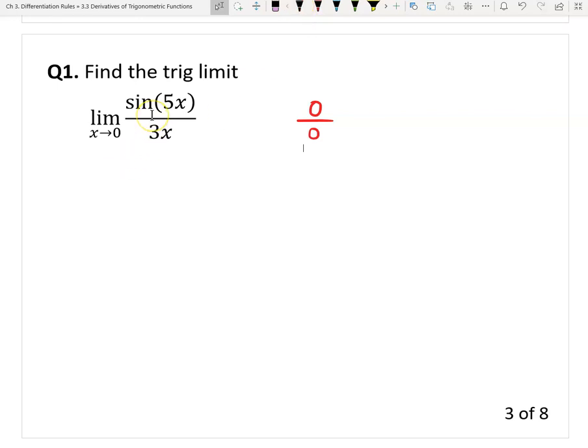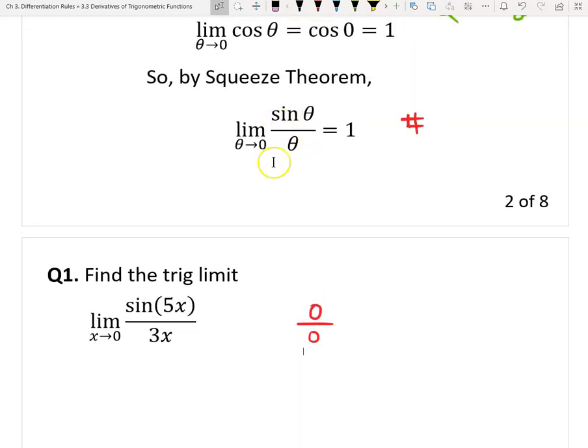Exploring a little, we find that this function is very similar to the function we just discussed, sin theta over theta. The only difference is that the top has 5x as theta, but the bottom is not theta. All we need to do is manipulate it a little to make the denominator also show theta, which is 5 times x.